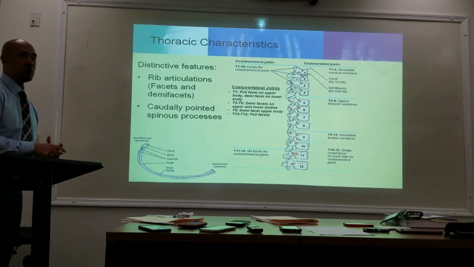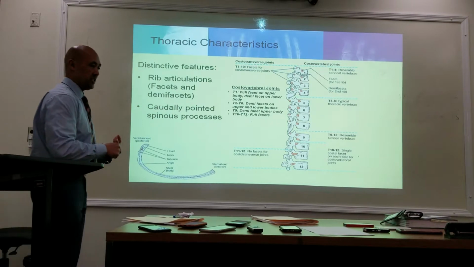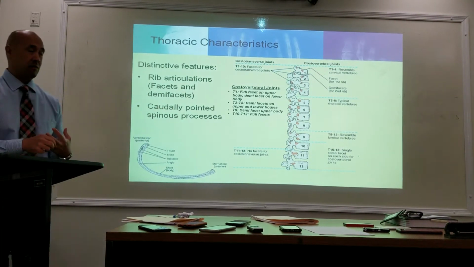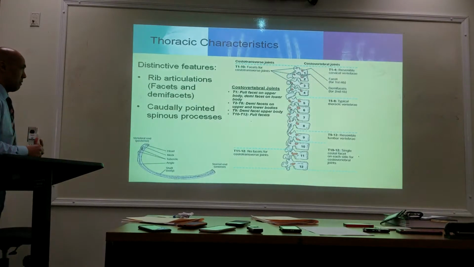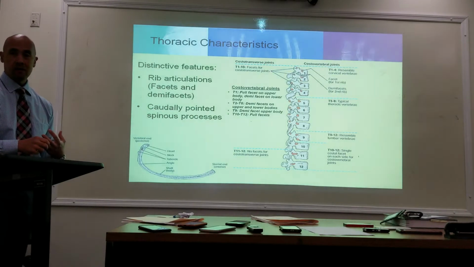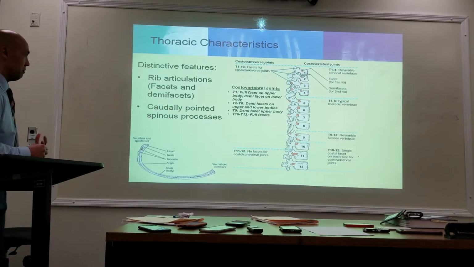The costovertebral joint is formed by the head of the rib and the body of the thoracic vertebrae.